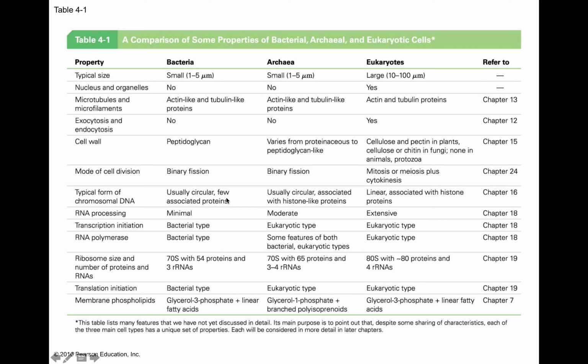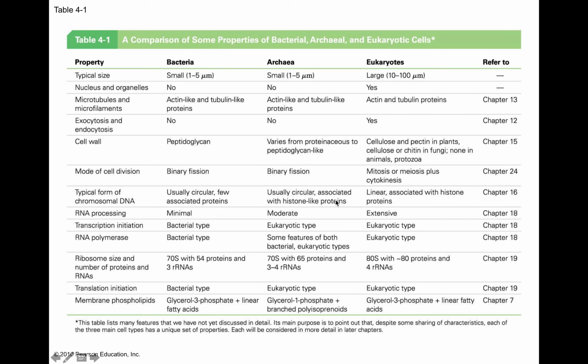In bacteria, the chromosome is usually circular and is not heavily associated with proteins, but in archaeans, although it is also circular, it is associated with histone-like proteins. These are DNA packing proteins that we also have, and this piece of evidence is a big contribution to why we think archaeans are closer to eukaryotes than bacteria are to eukaryotes.